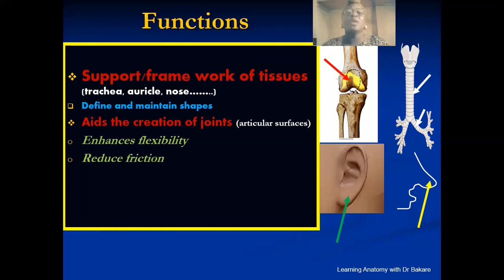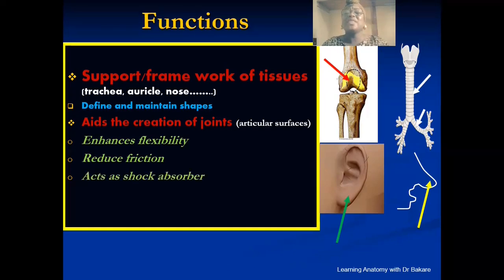They are also seen to help reduce friction. So there is easy sliding of the bones across each other, because if the articular cartilages are not deposited or are not seen to form alignment on the articular surfaces of these bones, the bones will have direct contact with each other, and this is going to bring about friction. But when there is lining of articular cartilages on the surfaces of these bones, there's going to be the reduction of friction. So the movement of the bones across each other around this joint capsule will be easy and also enhanced.